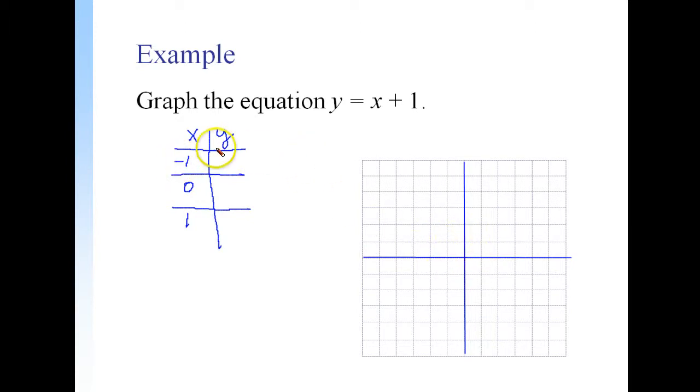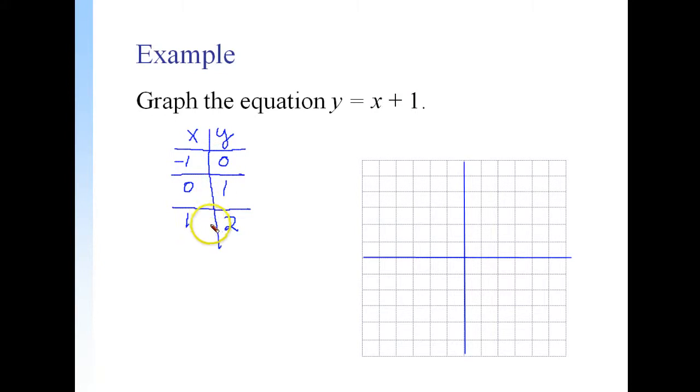So if x is a negative 1, and we just put it right there, negative 1 plus 1, then y is going to be 0. Now if x is a 0, this is a 0, y equals 1. And if this is a 1 here, y equals 1 plus 1, which is 2.